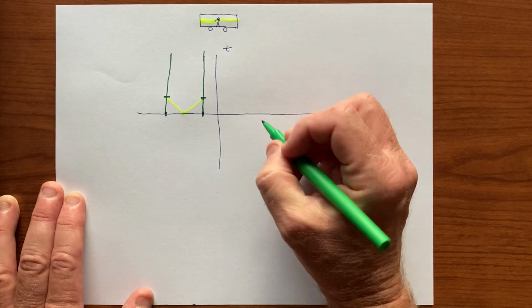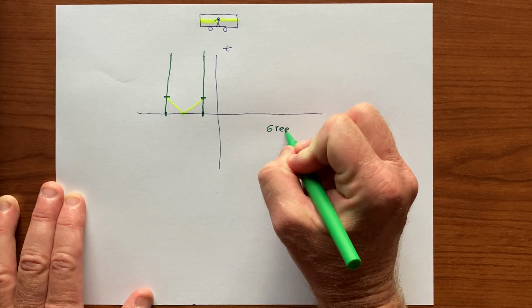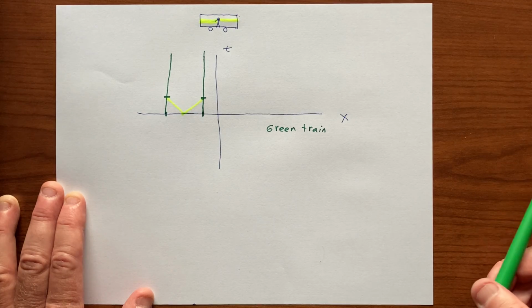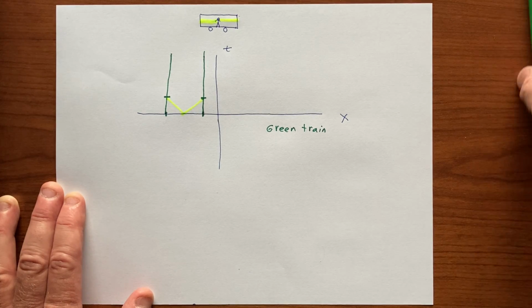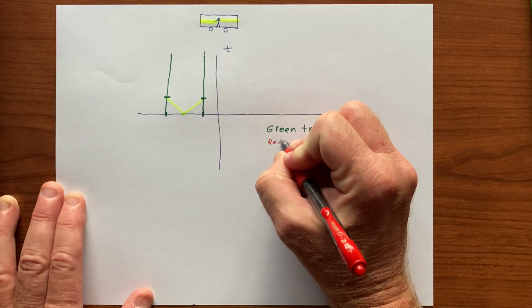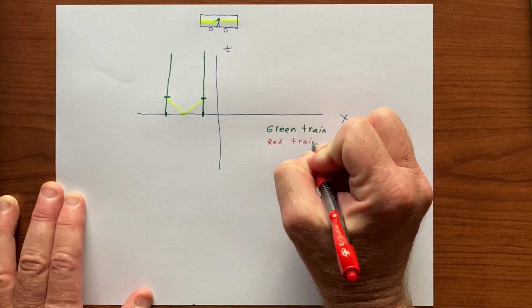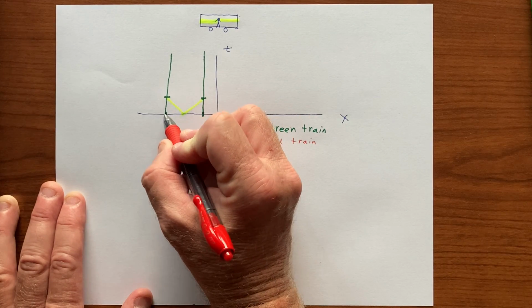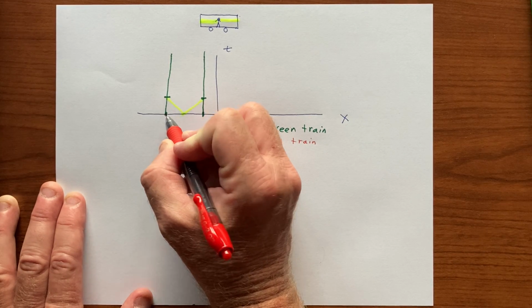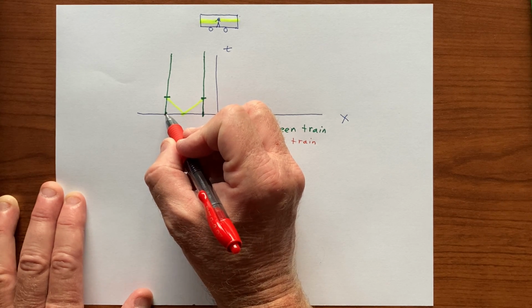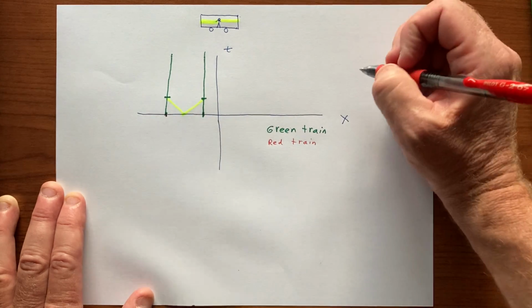Now let's think of, so this is the green train that's just stationary from this perspective. Let's make a red train. So we have a red train that, they're starting together, and then one starts to move, let's say, to the left.